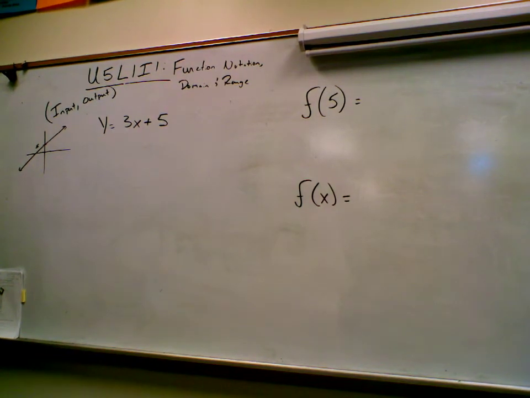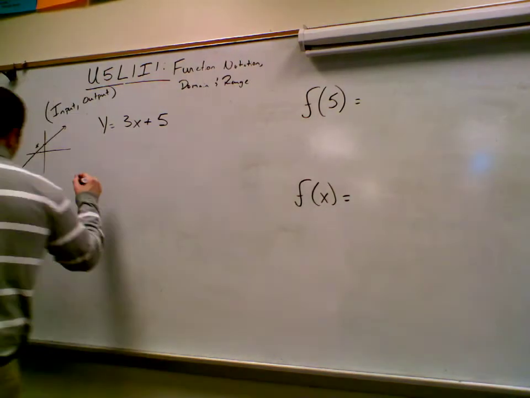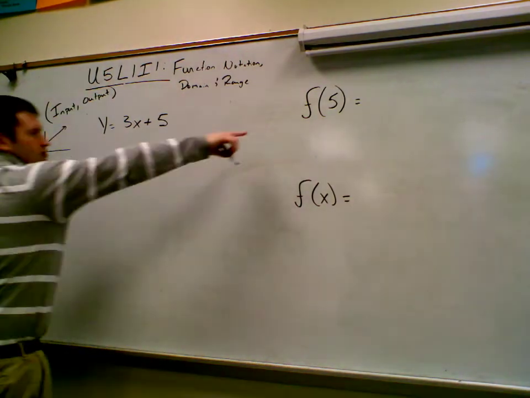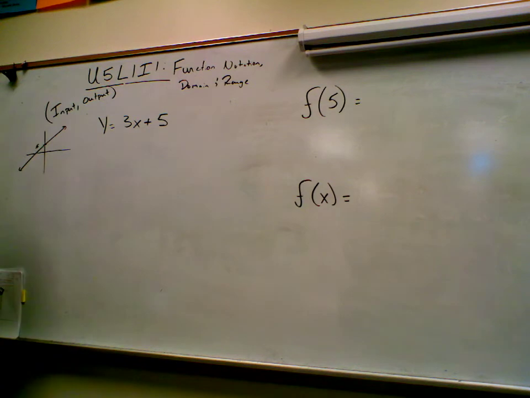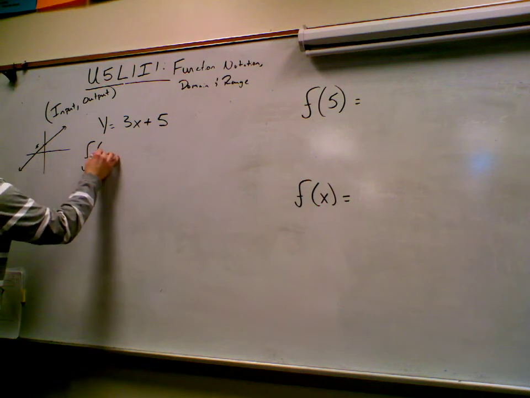Now, today we're learning about something called function notation and domain and range. So that right there is an equation, and I'm going to show you how that can be rewritten in function notation. Function notation uses a script f, like we have right there. All functions are usually written with a script letter.